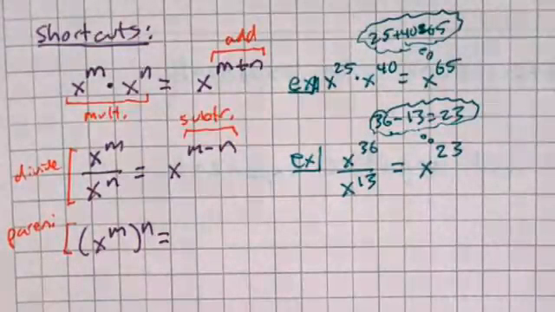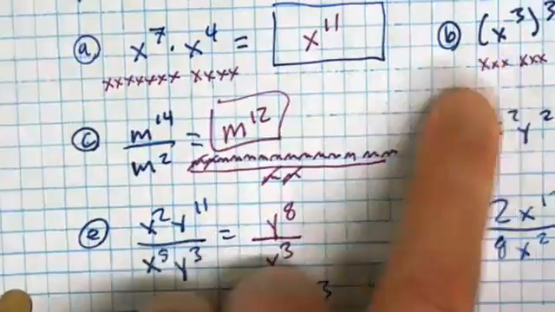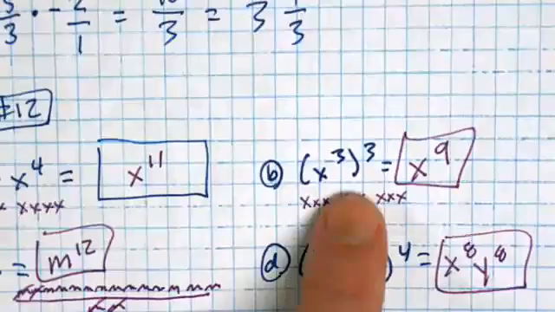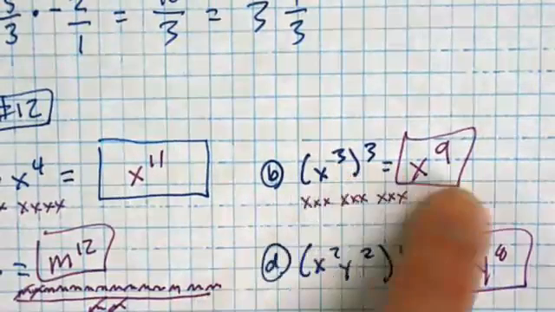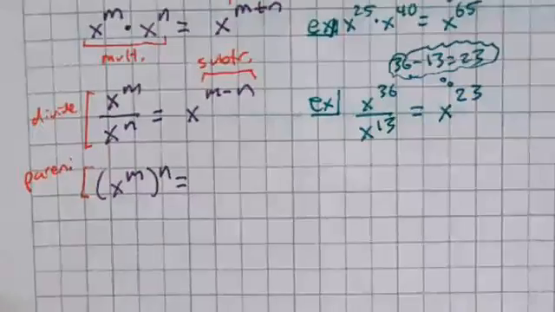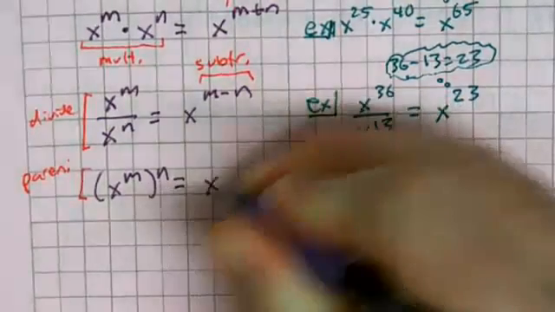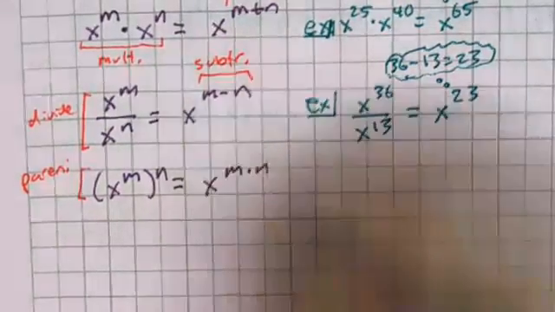What do we do with our exponents in this case? This would have been kind of like we did in part B in the warm-up that we were doing just a moment ago, right? What could I do with 3 and 3 to get 9? Multiply them. So in this case, I would multiply my two exponents, m and n. So it would be x to the m times n.